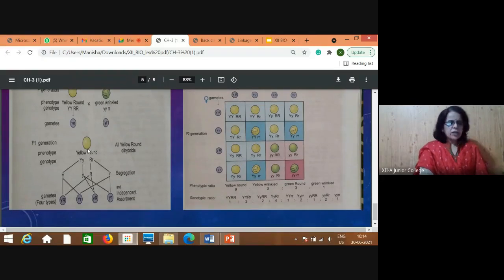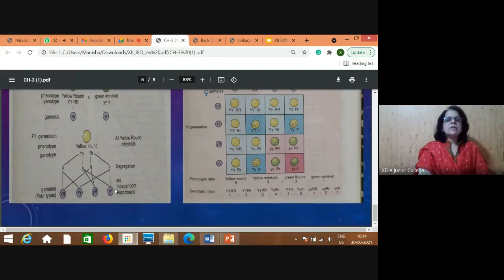Now when this F1 generation is allowed to self pollinate, then what happens? It is producing how many types of gametes? Four types of gametes. Now you can see these four types of gametes. First is capital Y capital R, second is capital Y small r, third is small y capital R, the fourth one is small y small r.